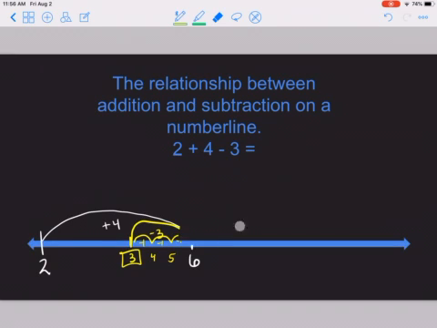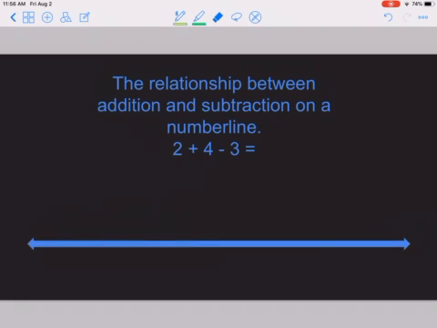Another example we could do: let's do 10 minus 5 plus 3.